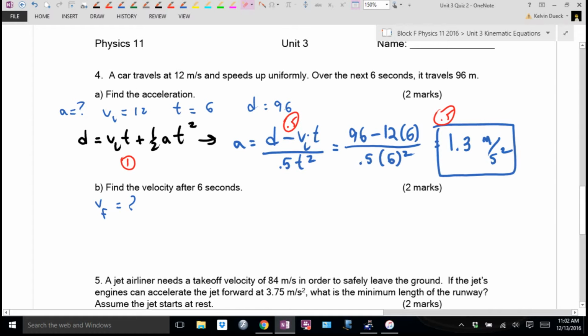You could also use VF equals VI plus AT, Sally, and use your acceleration from part A. I'm going to go with D equals 0.5 bracket VI plus VF times T, which means that D divided by 0.5 T minus VI equals VF.